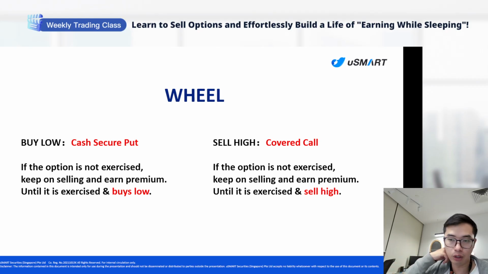It depends on your strategy. We can keep on buying, selling puts, selling calls, and repeating. But my advice is to choose long-term stocks you are confident in for these strategies.